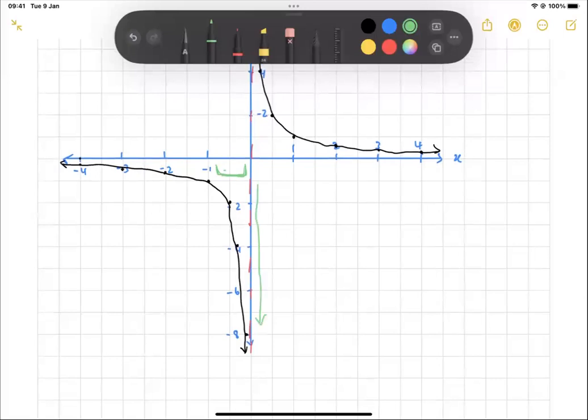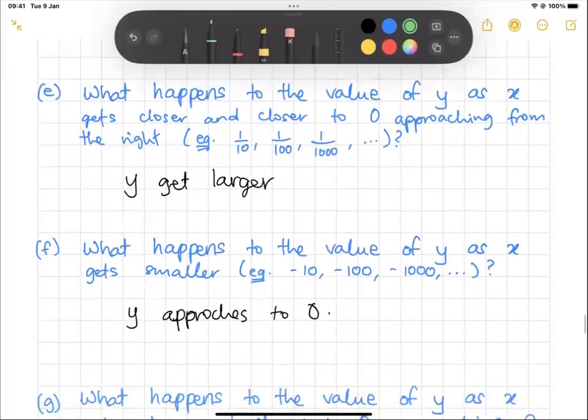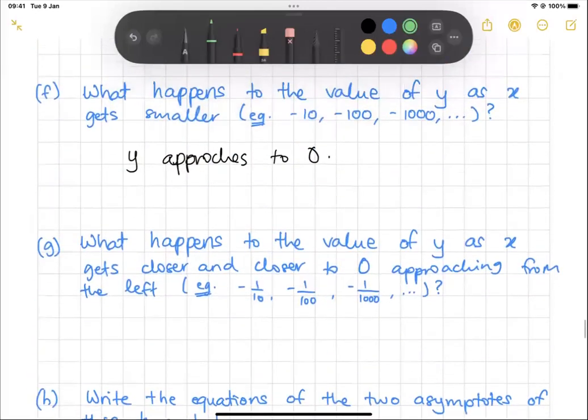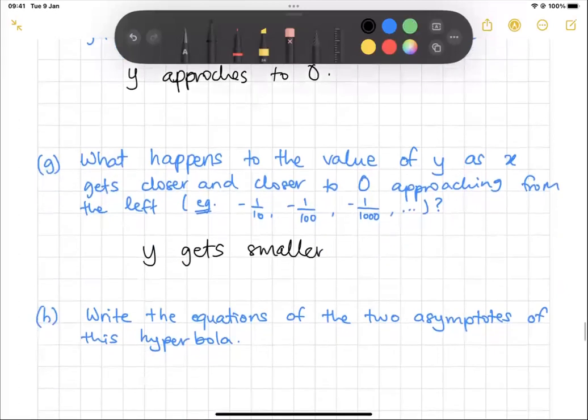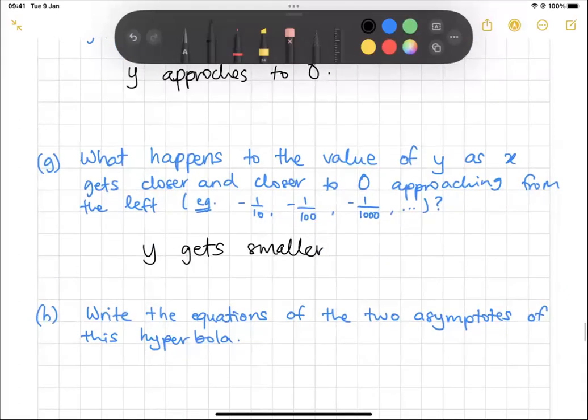Because the bigger the negative number, the smaller the number actually is. So what I'm going to actually write down for G is y gets smaller.